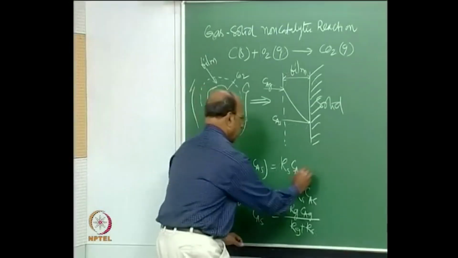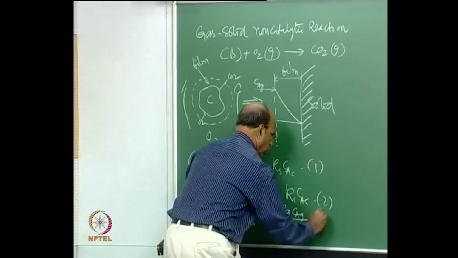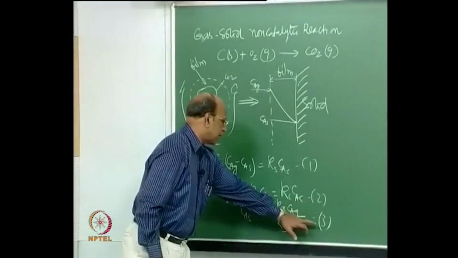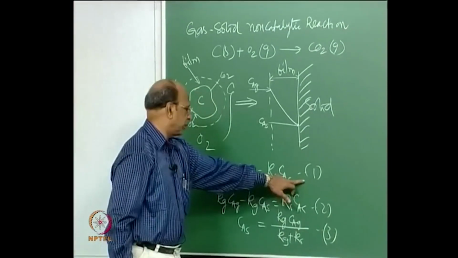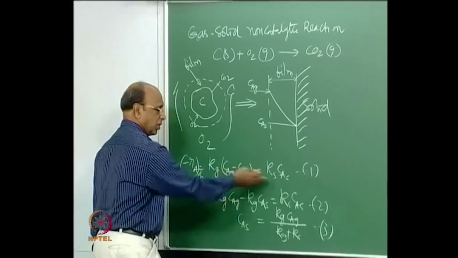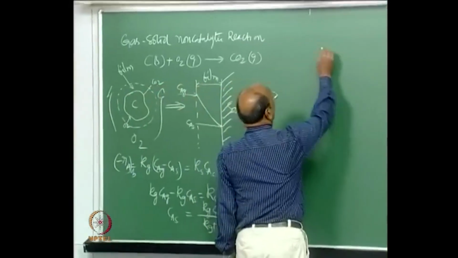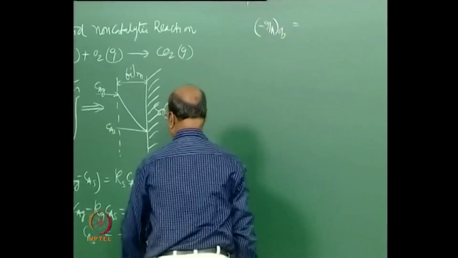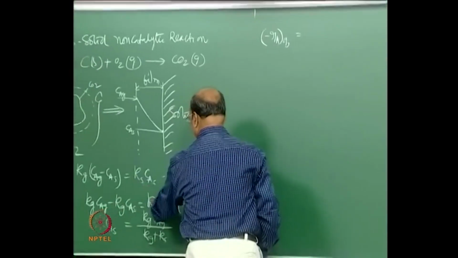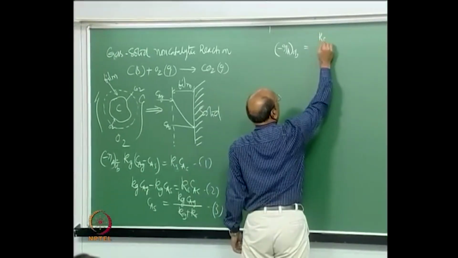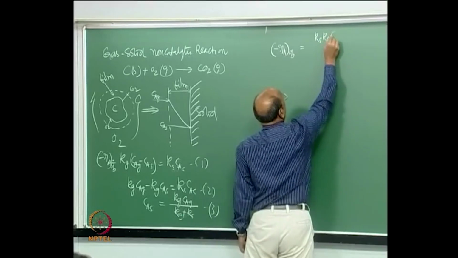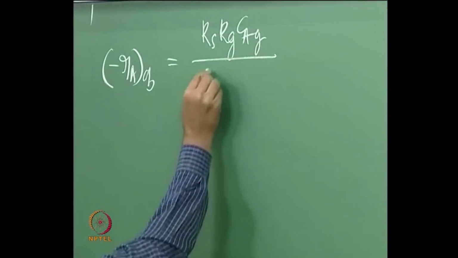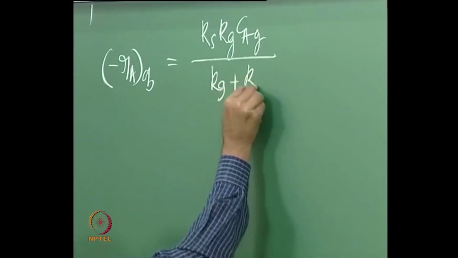Now if I call these equations 1, 2, and 3, then equation 3 should be substituted in equation 1, because it can be either of the terms. Then I have minus RA observed rate equal to Ks Kg CAG divided by Kg plus Ks.